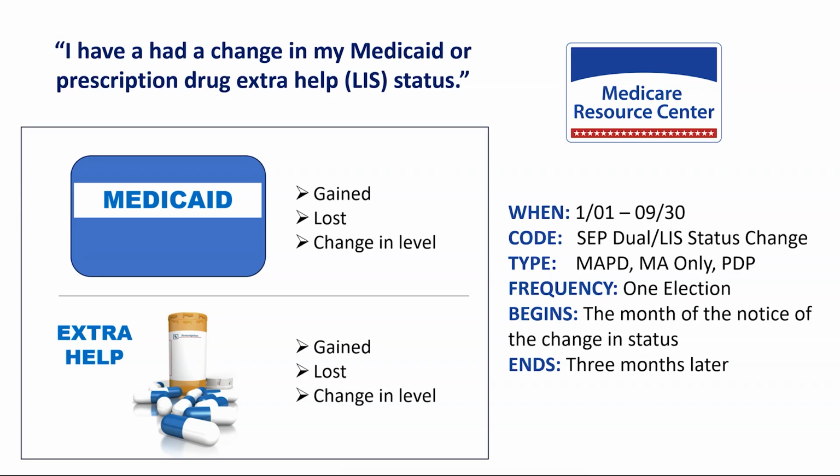For instance, I went from QMB Medicaid down to SLMB Medicaid, or I was at the highest level of extra help for prescription drugs, and I got put on the second highest level. That is a change, and that means that you can use the change in status special enrollment period to enroll into a different plan.